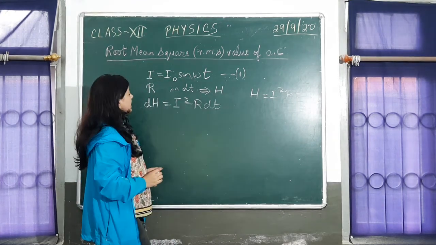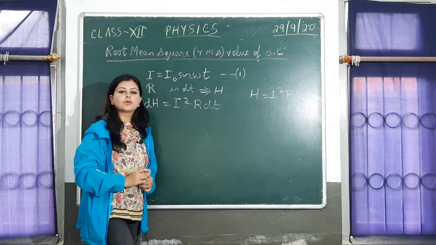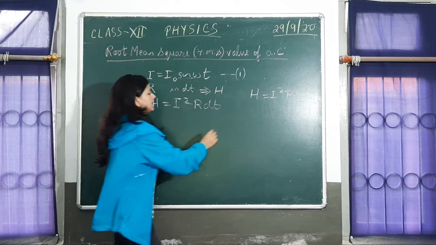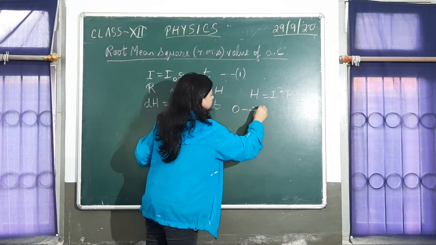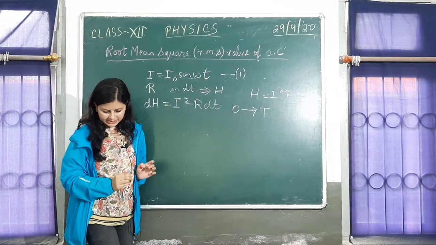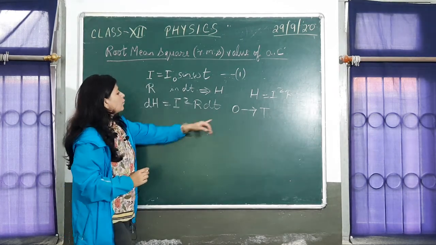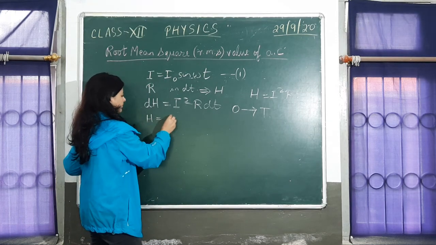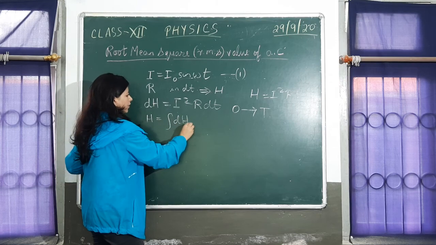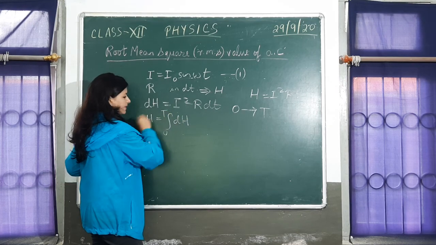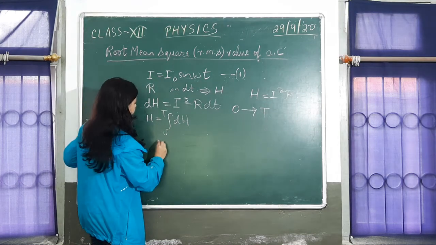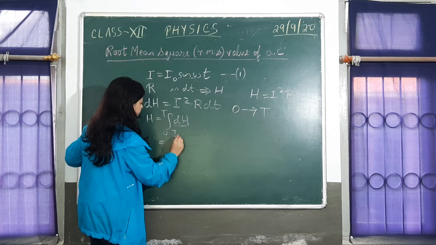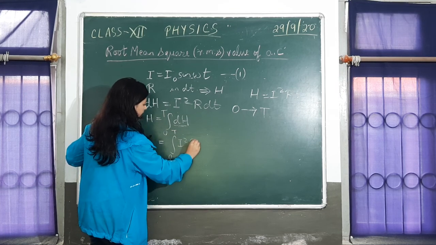Now this RMS value of AC has to be calculated for one full cycle. So for the time interval in one cycle, that is time starting from 0 to 1 time period, that is equal to capital T, the amount of heat generated will be equal to the integral of dH from the time interval 0 to capital T. Now you can replace the value of dH from this equation: integral from 0 to T of I squared R dt.